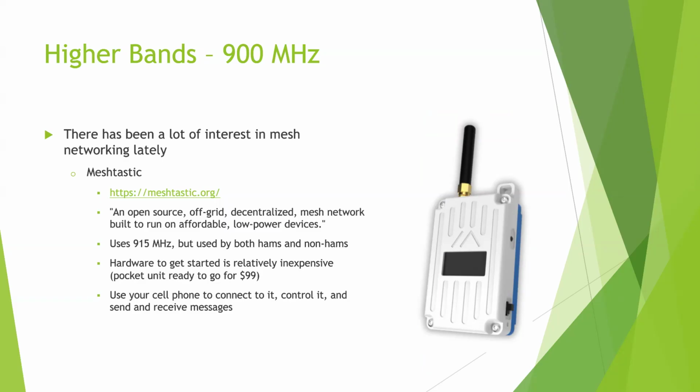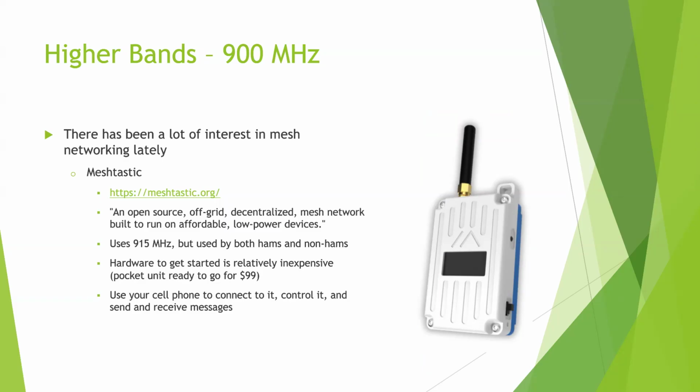Non-hams can use this, but they have serious power restrictions. And hams are essentially, what's our limit? 1,500 watts. We're not going to do 1,500 watts because you don't use more than you need to use. But there's a lot of interest right now in building one of these Meshtastic networks here in the Valley.